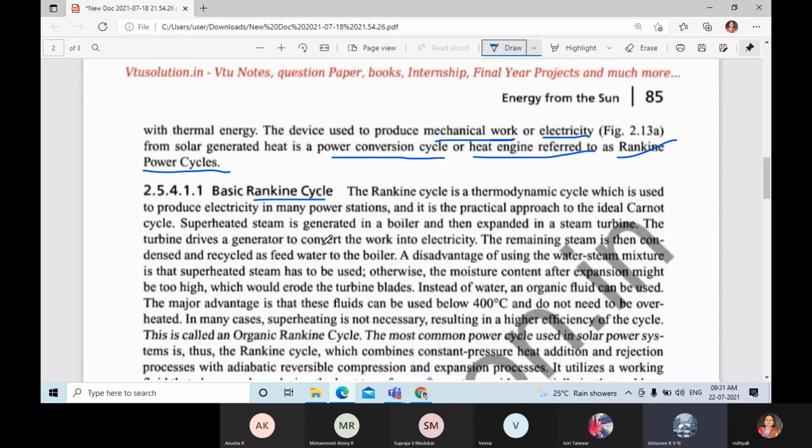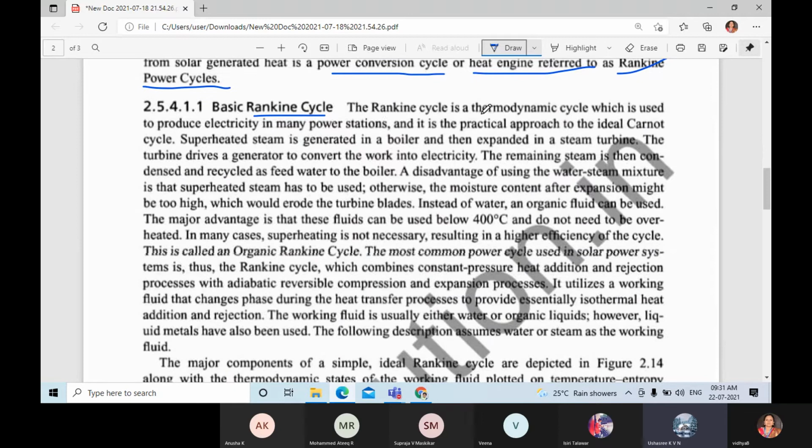The Rankine cycle is a thermodynamic cycle which is used to produce electricity in power stations, and it is a practical approach to the ideal Carnot cycle. Superheated steam is generated in the boiler and then expands in a steam turbine. The condensate is recycled as feed water to the boiler.